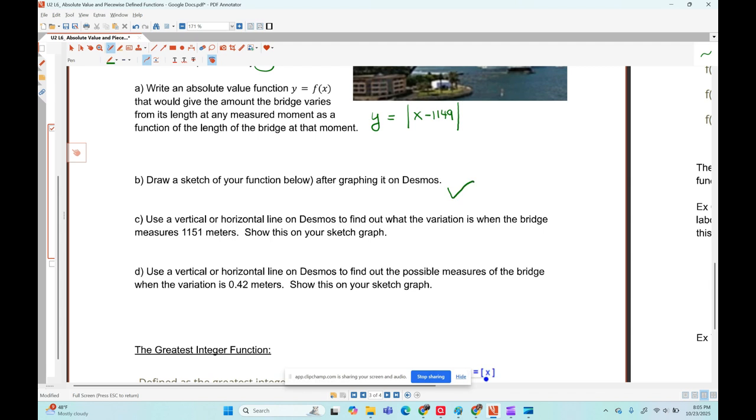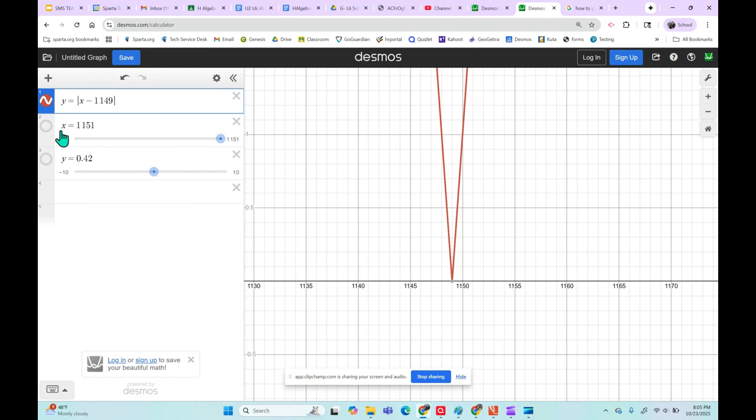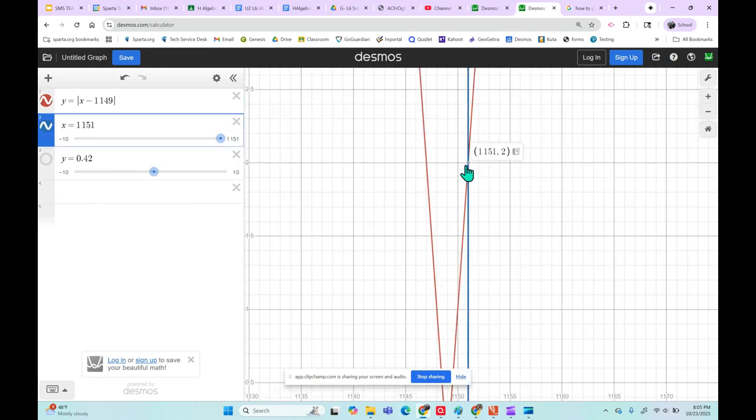Use a vertical or horizontal line on Desmos to find out what the variation is when the bridge measures 1151. So they're giving us an x value of 1151. In this case, I'm going to use a vertical line to find out what that's going to be. So I'm going to turn that line on. Where does it intersect? Right here at 2.